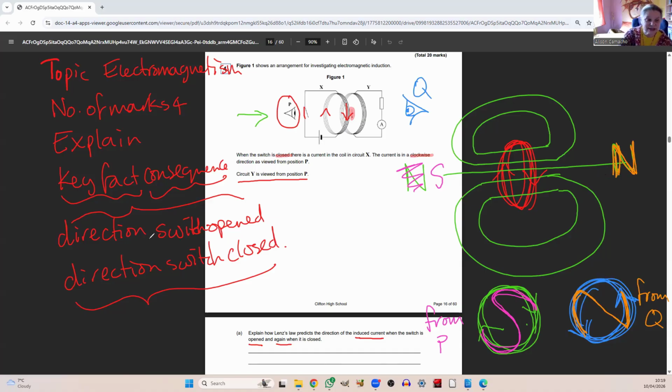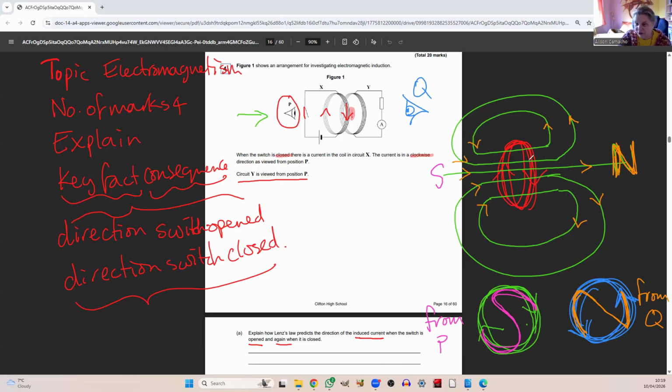Now, which way do the field lines go? This is outside the thing. They go the way a north pole would feel a force if you could have a single north pole. So the arrows go away from the north, absolutely, and towards the south, okay? Like that.